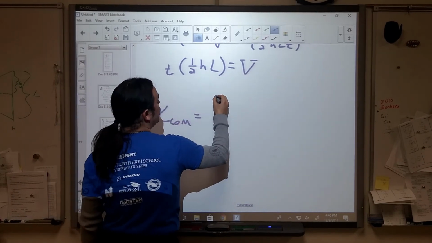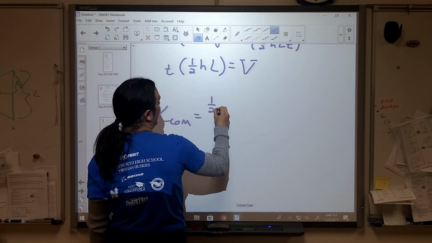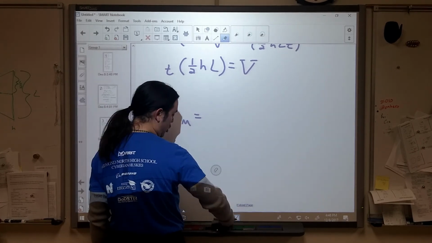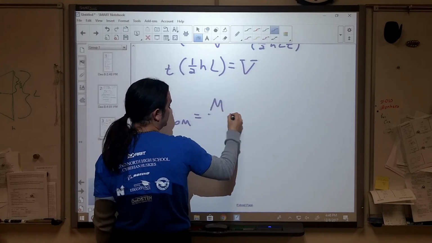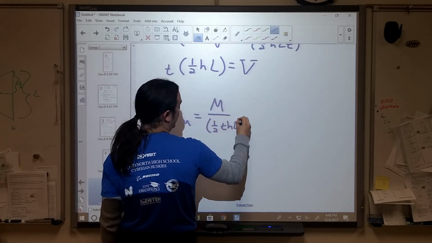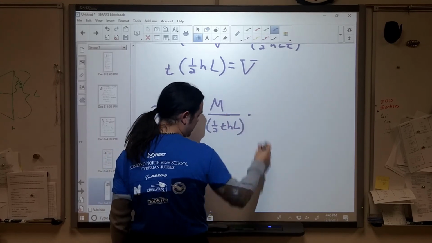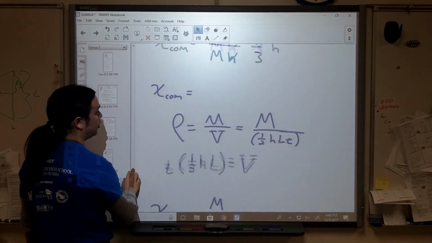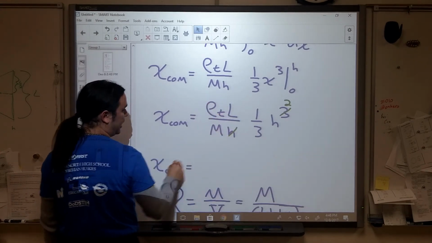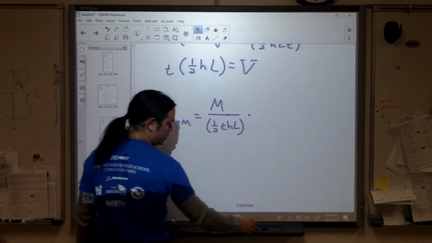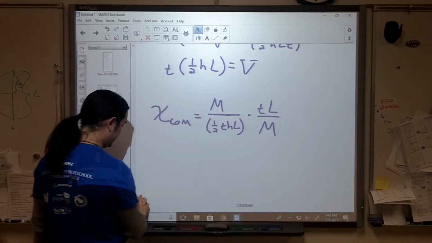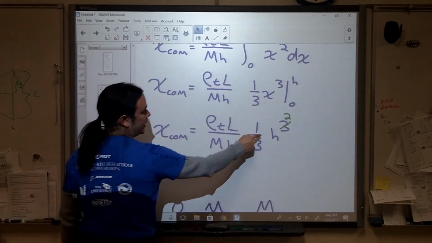We know that rho is going to be equal to m divided by 1/2 THL, so that's going to be rho, times, I'm going to put rho off by itself. Here's rho, I wrote that out. We're going to have TL divided by m, the total mass, and the h got canceled out here.